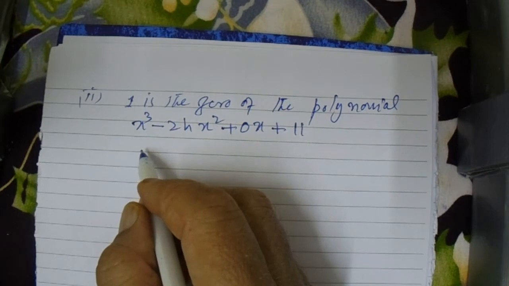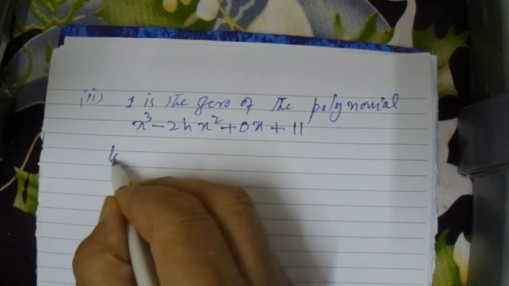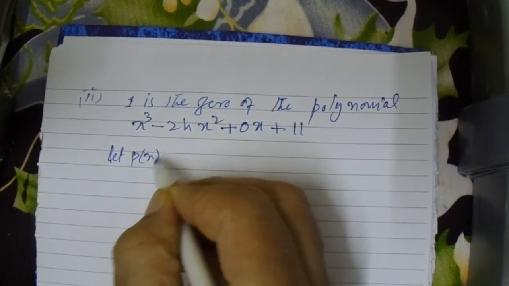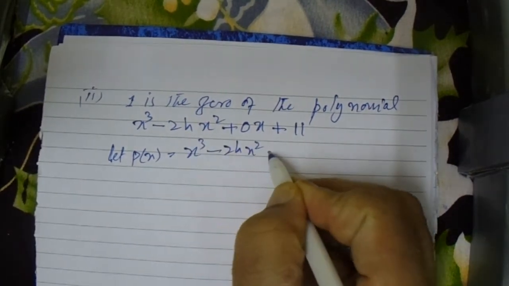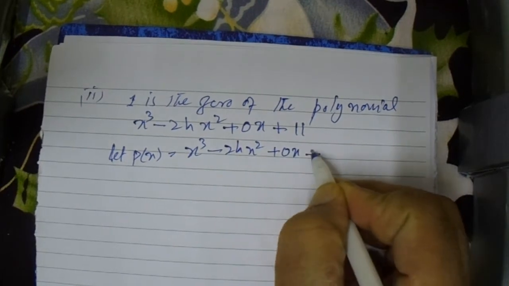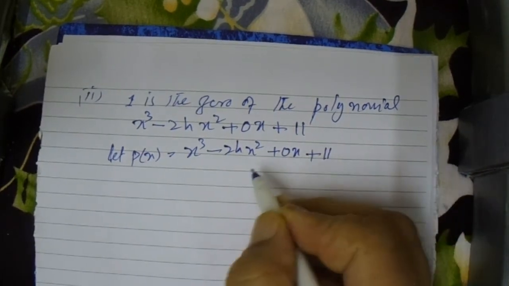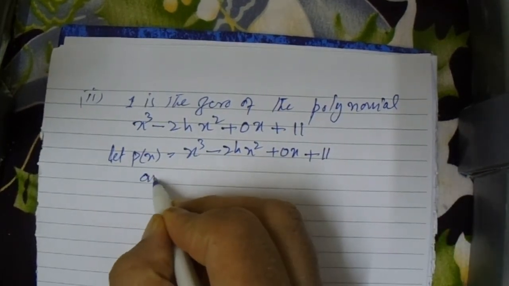Now we write let p(x) be x³ minus 2hx² plus 0x plus 11.